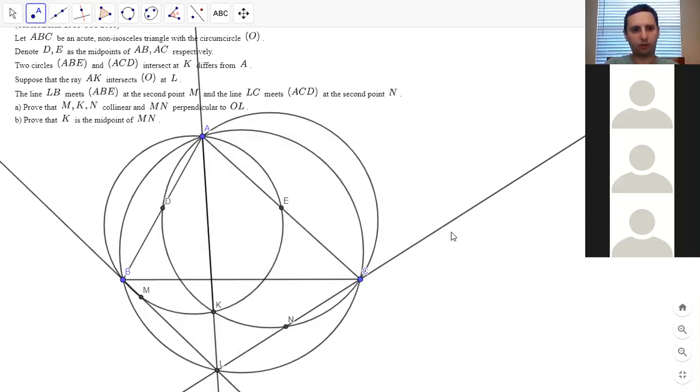And okay, we ultimately want to show K is the midpoint of MN.